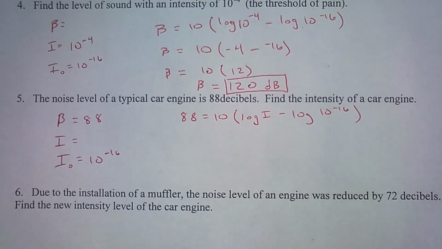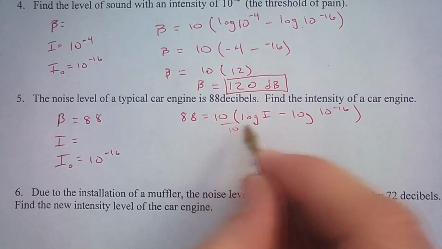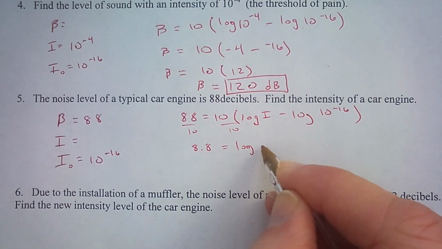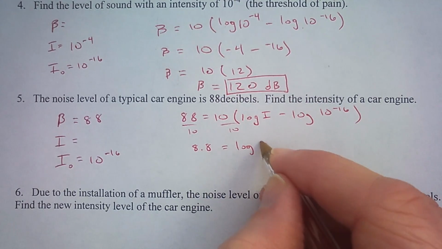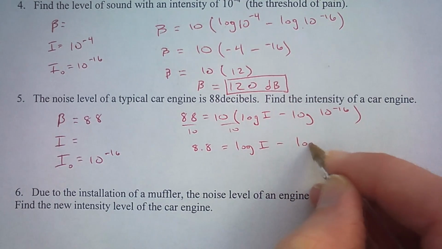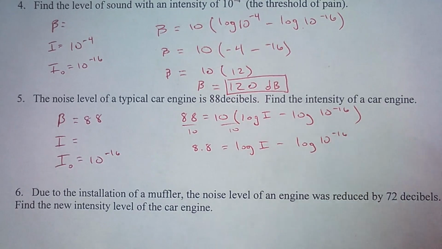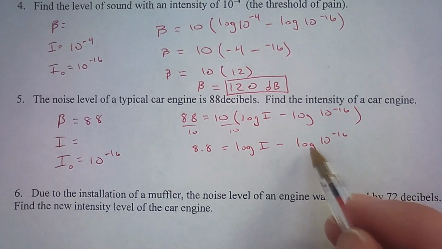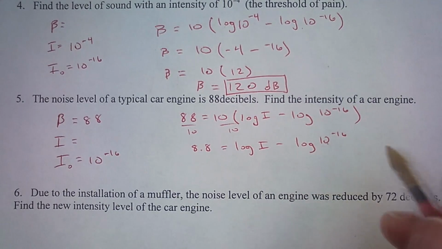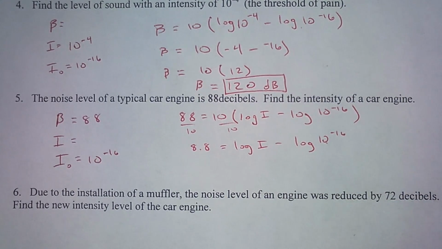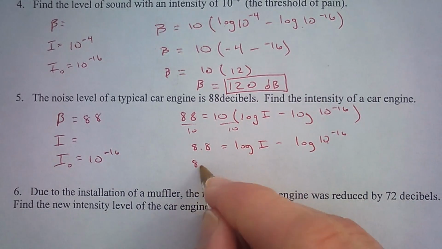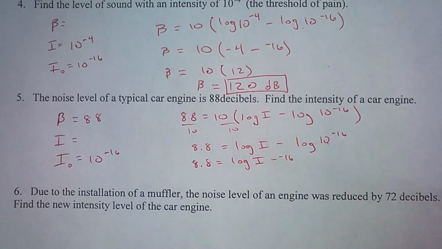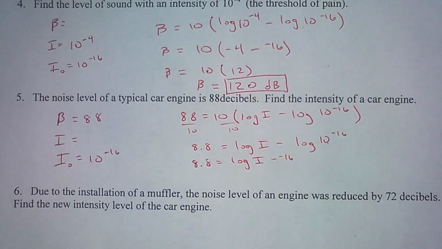Here I would first divide both sides by 10, so I get 8.8 equals log I minus log 10 to the negative 16. Now log 10 to the negative 16 has a value of negative 16, so this is really 8.8 equals log I minus negative 16, which is plus 16.